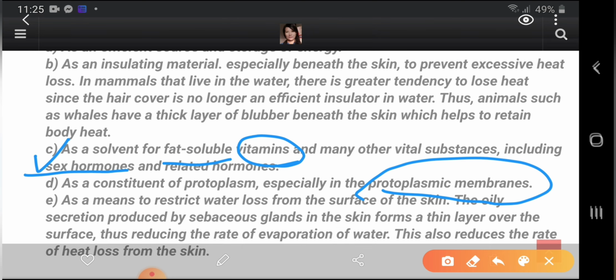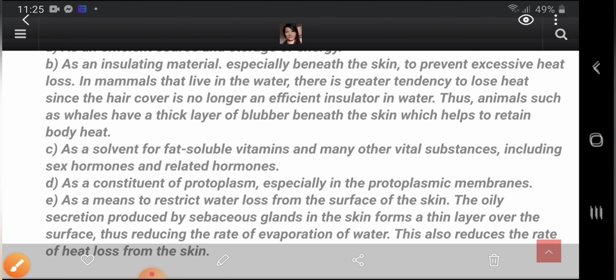And it restricts water loss from the surface of the skin: the oily secretion produced by the sebaceous glands in the skin forms a thin layer over the surface, reducing the rate of evaporation of water. This also reduces the rate of heat loss from the skin.